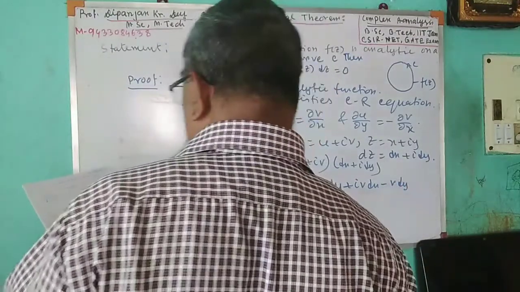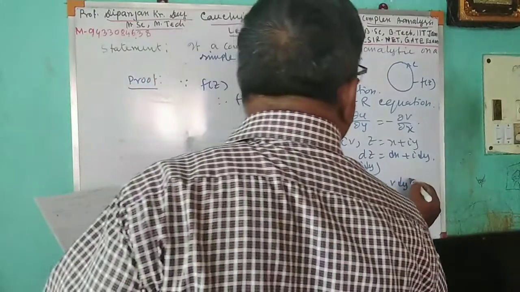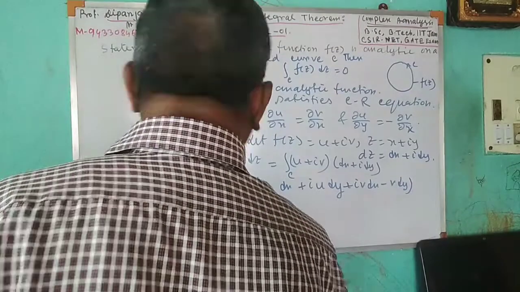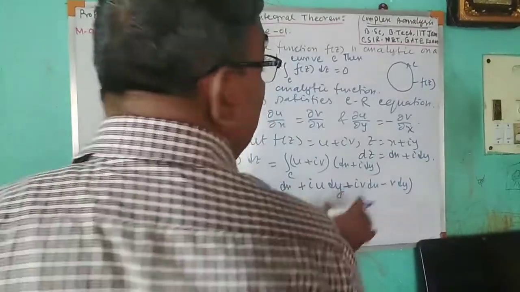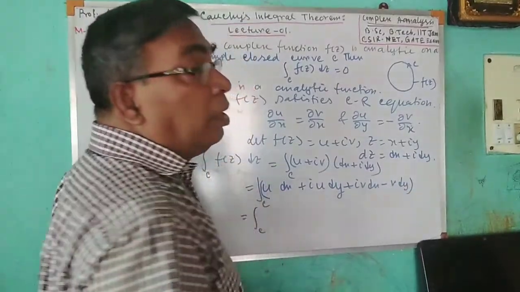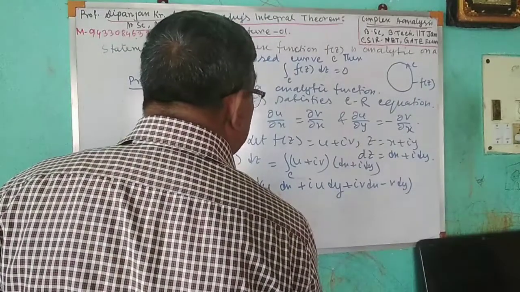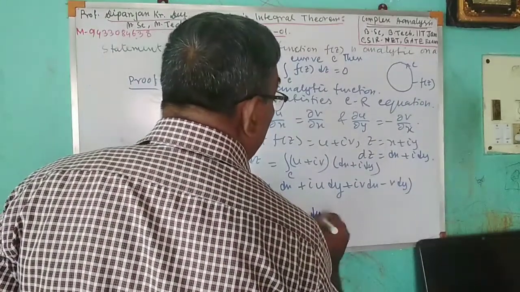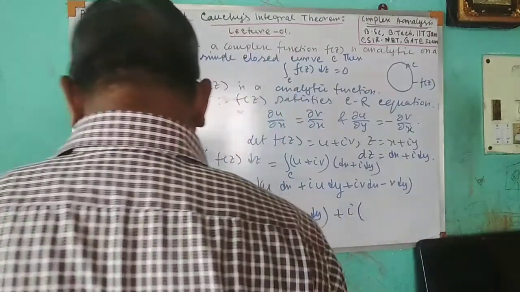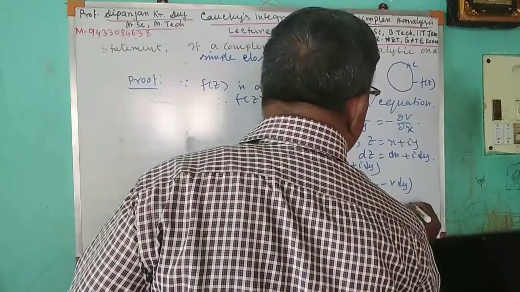This is actually the product of the two factors. Now I am rearranging this, separating the real part and the imaginary part. The real part is u dx minus v dy, plus i times the common factor, v dx plus u dy.